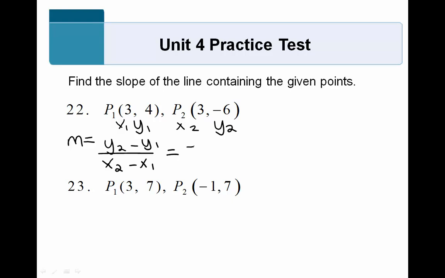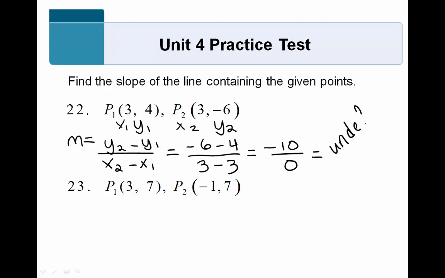So I have negative 6 minus 4 over 3 minus 3. That's negative 10 over 0. Recall you can't divide by 0. This is undefined. If you plotted those 2 points and connected them, you may want to do that. Remember that you'll have a vertical line.